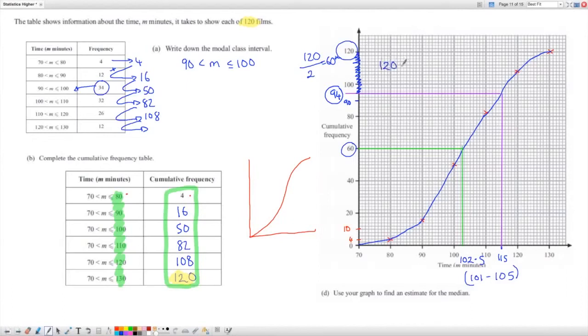So 120, subtract 94, is going to leave us with 26. So really important that the subtraction takes place to be able to find here our number of films as an estimate as 26. Your number may change given on your graph and the number you find here. The important part is that it's 120. Take away your value to give your final estimate.